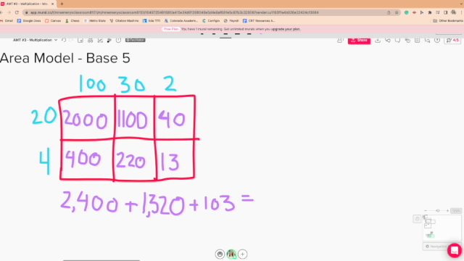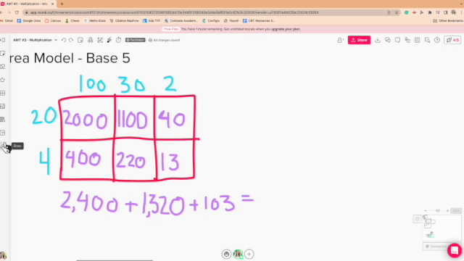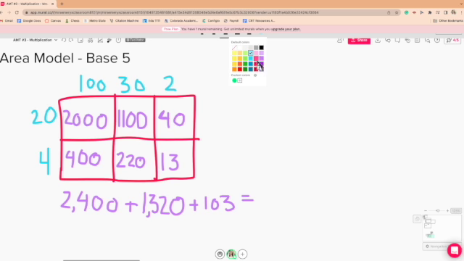All right, we add these together. So I'm going to write it out up here. I'm going to use a different color so you can see what I'm doing. So I have 2, 4, 0, 0 plus 1, 3, 2, 0.